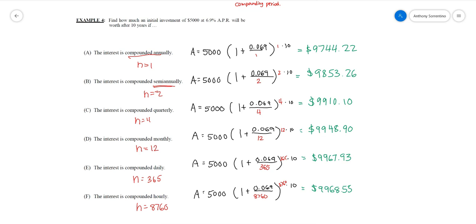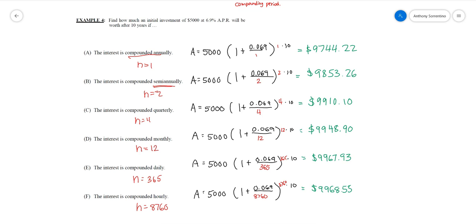When I go to the next one, from four times a year to 12 times a year, it's still higher, but the difference between the two is only about $38. And then when I go from 12 times a year to 365 times a year, it's still higher yet, but the difference from doing it monthly is only roughly $19.